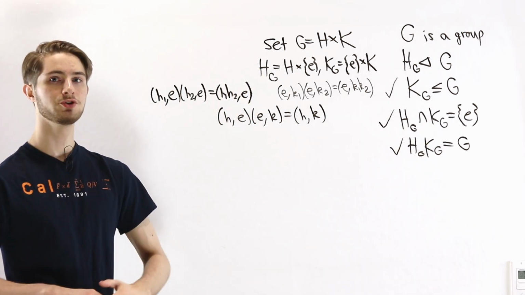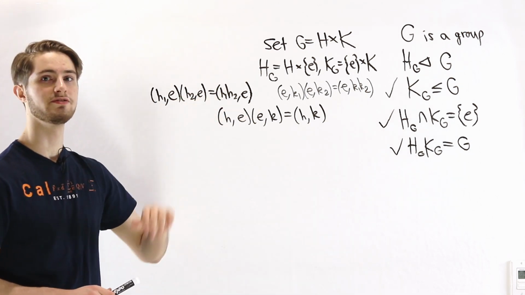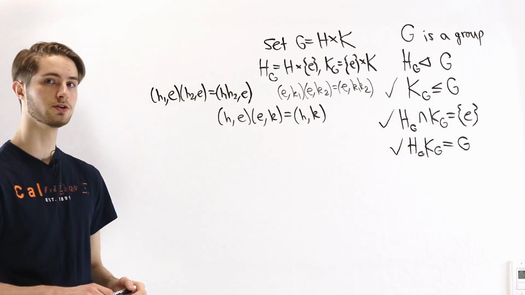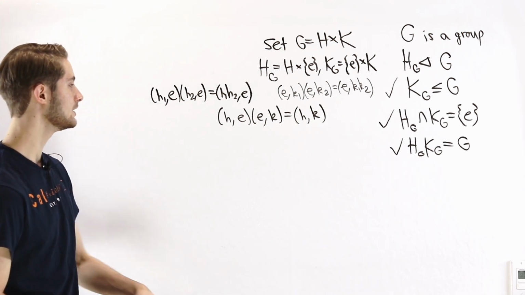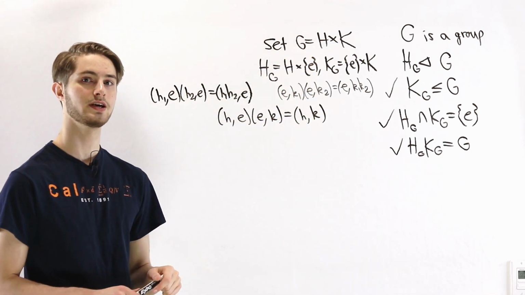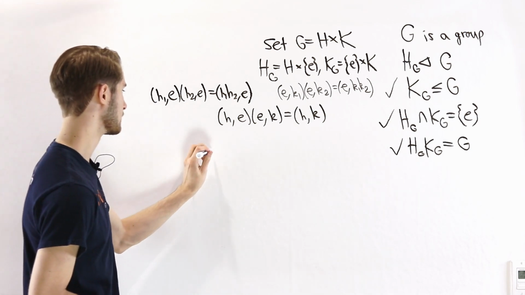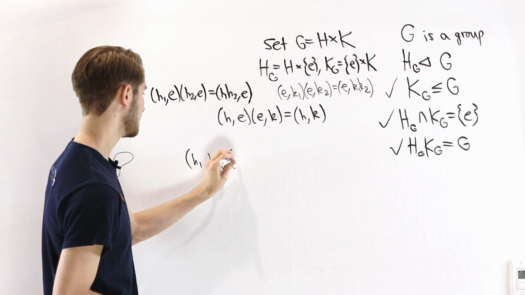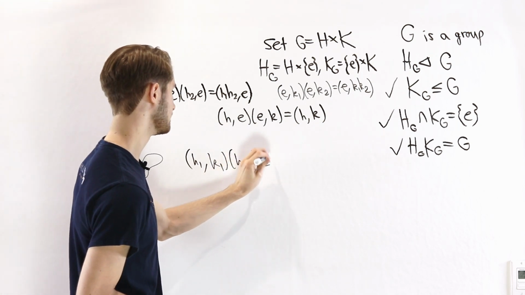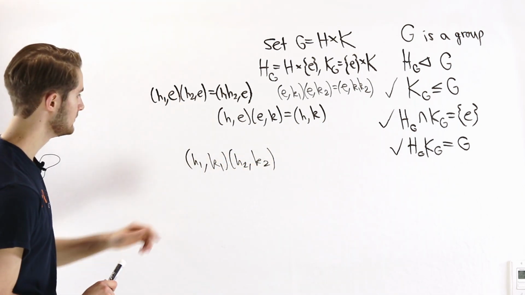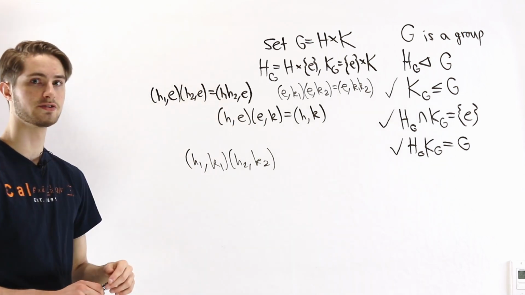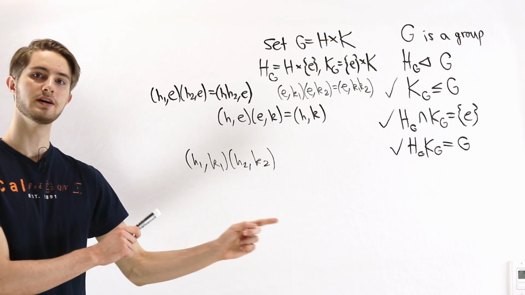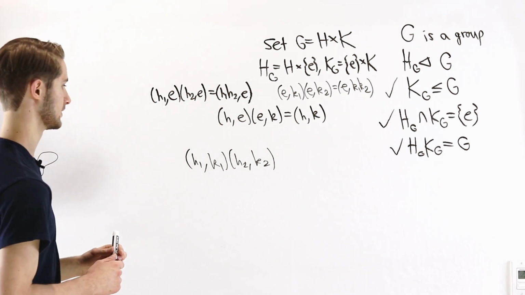So we've defined multiplication in a few specific cases, but now we need to figure out what multiplication is going to look like for two arbitrary elements of our set H cross K. So let's see how that would work. The two elements are going to be (H1, K1) times (H2, K2). What we can do now is take these two ordered pairs and expand them out to make it look like the case that we saw with inner semidirect products earlier.